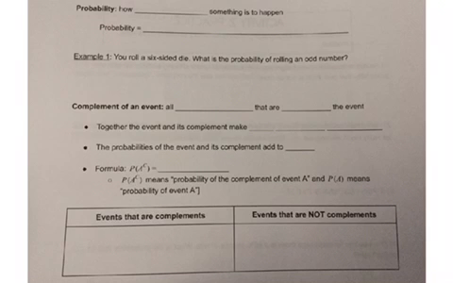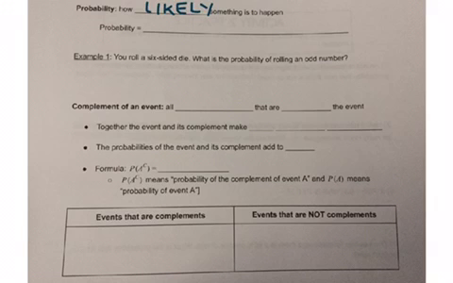So let's review probability. Probability is how likely something is to happen. What are the chances of this occurring? When you calculate probability, it is always a number between 0 and 1, so it's usually a fraction, a decimal, or a percent.